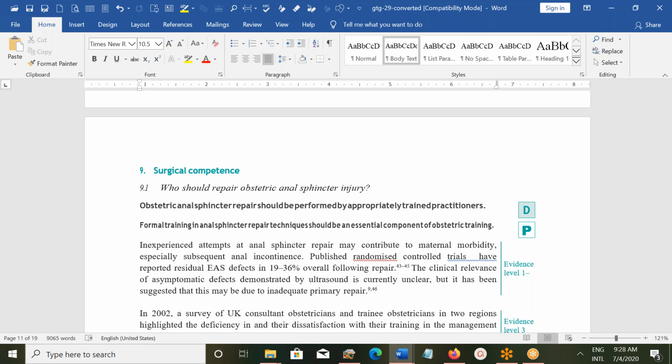Then who should repair it? So obviously it should be repaired by someone who has received good training. And training in sphincter repair techniques should be an essential component of obstetric training. Many trials have shown that the residual external anal sphincter defect incidence is 19 to 36%.